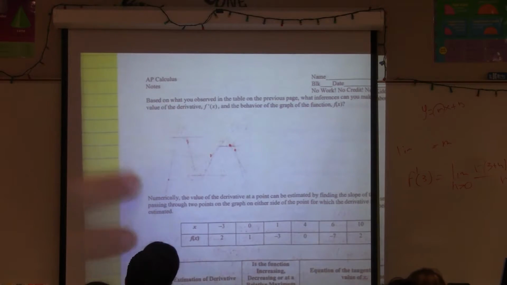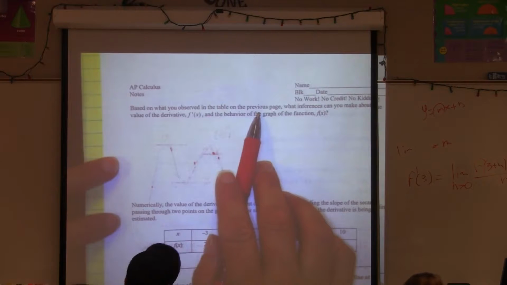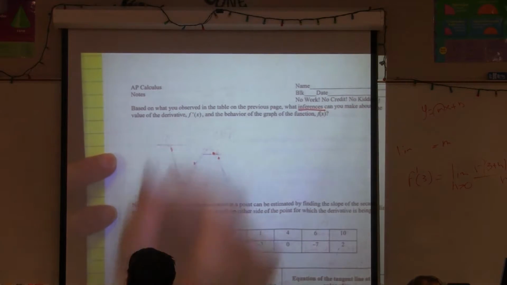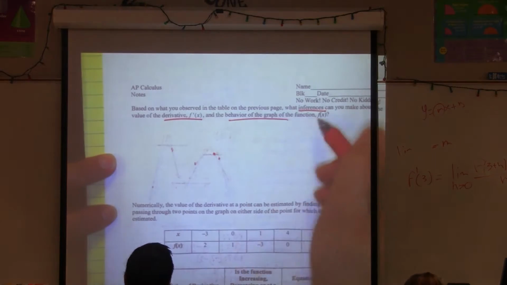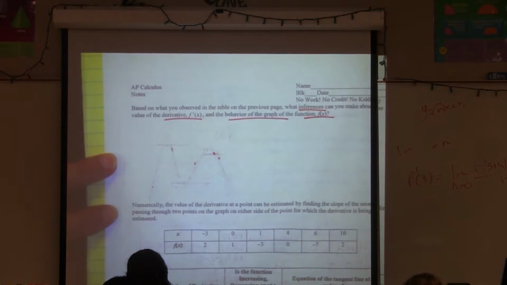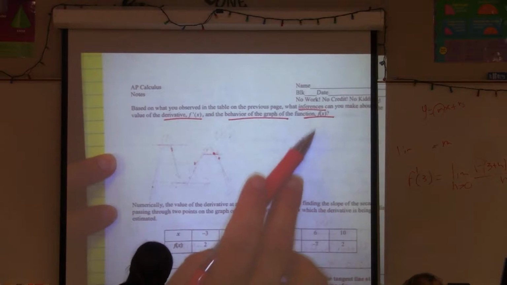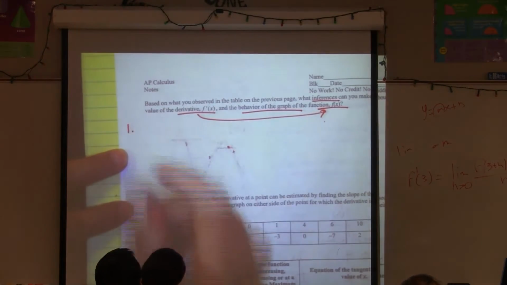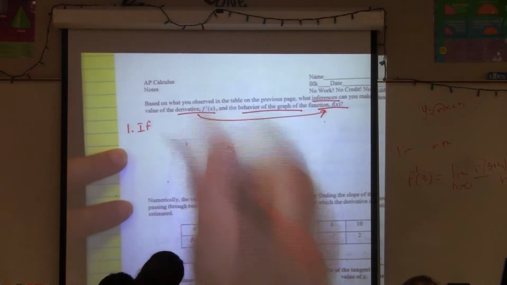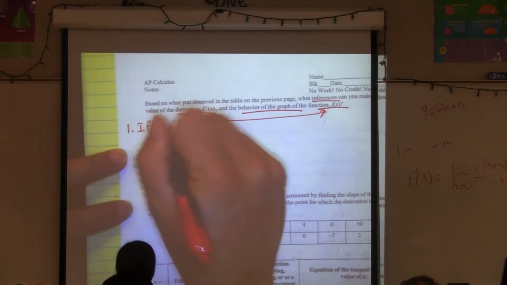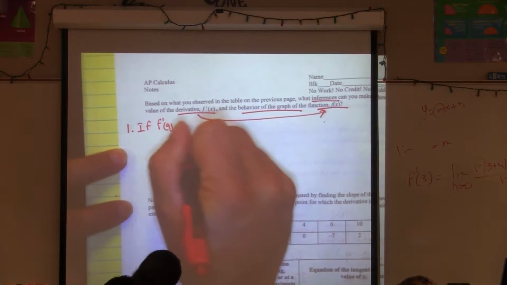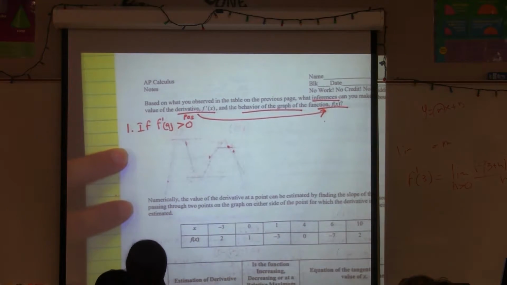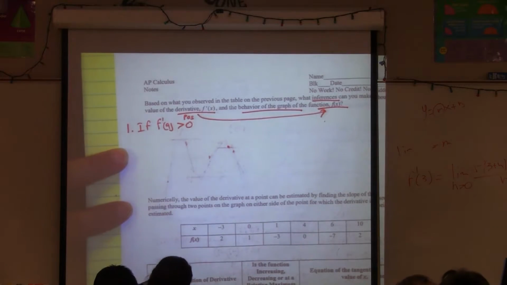Alright, so let's see here. Based on what you observed on the table on the previous page, what inferences can you make about the value of the derivative and the behavior of the graph of the function? Okay, so what is the derivative telling me about the function? It tells me a couple of things. The first thing, let's look at a condition. So if the derivative at that number is greater than 0, meaning it's positive, what would that tell me about the graph?